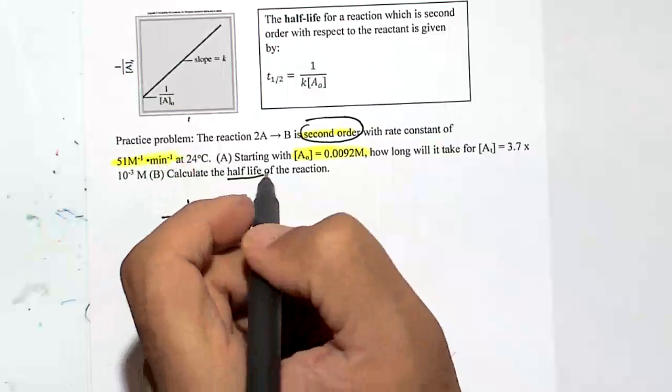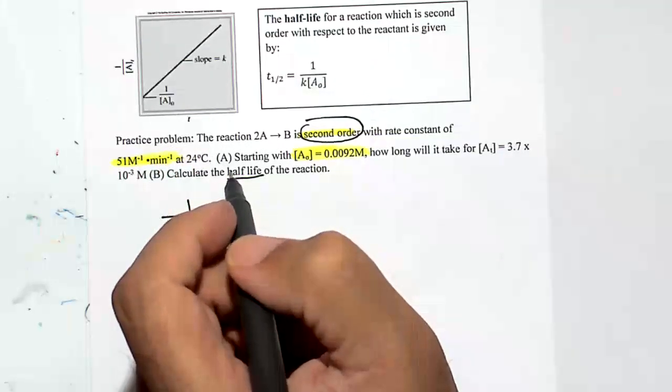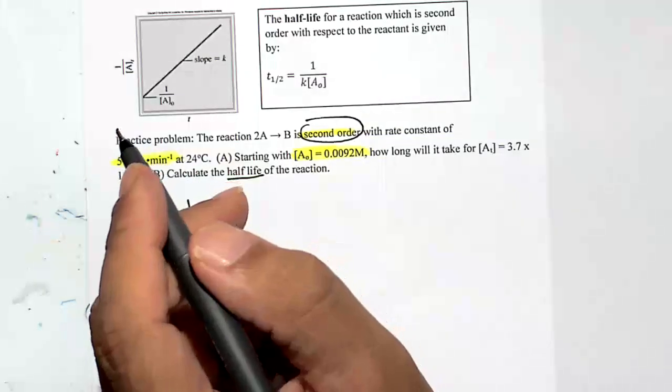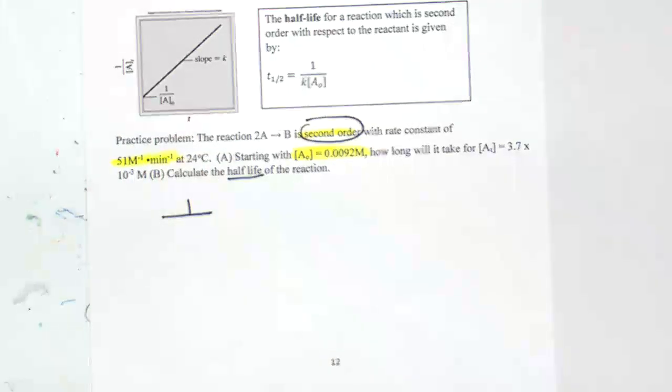Part B is calculating the half-life, but what's part A? What equation can we use? Just read it, Susanna.